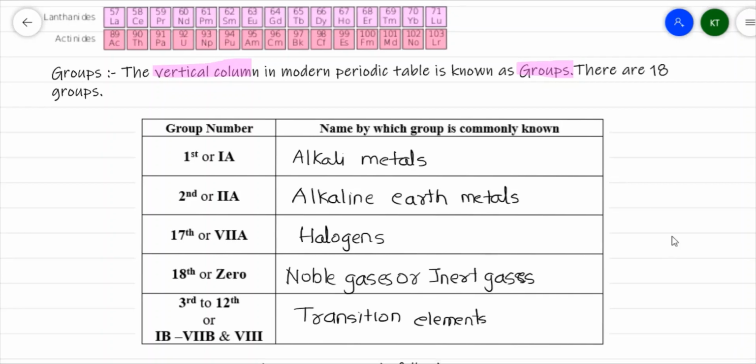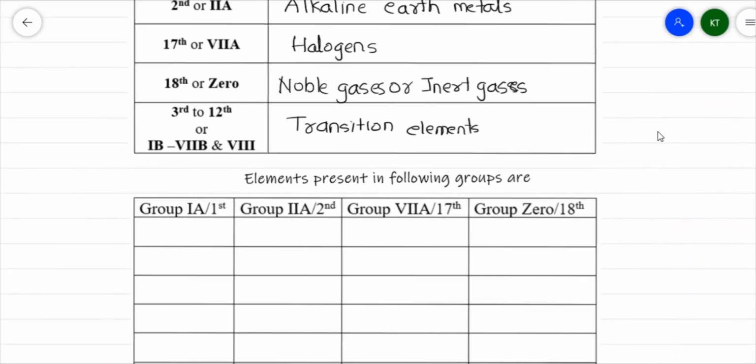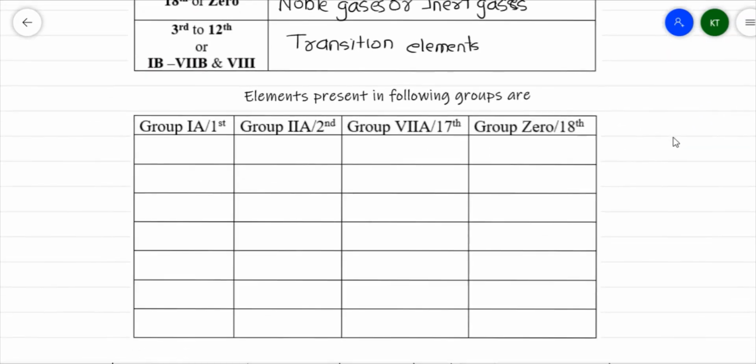Now we need to know the elements present in some specific groups. I am going to list down those elements which we need to know in our study of periodic properties of an element. The elements present in the first A group, commonly known as alkali metals, are hydrogen, lithium, sodium, potassium, rubidium, cesium and francium.